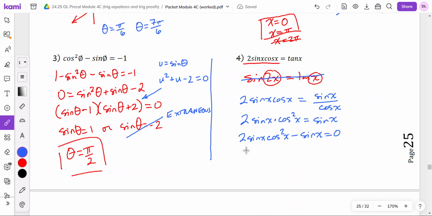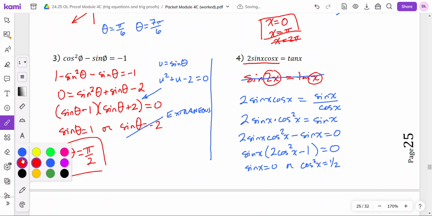Factor out the sine of x, that gives me sine of x times 2 cosine squared of x minus 1 is equal to 0, which means that the sine of x needs to equal 0, or cosine squared of x needs to be 1/2.